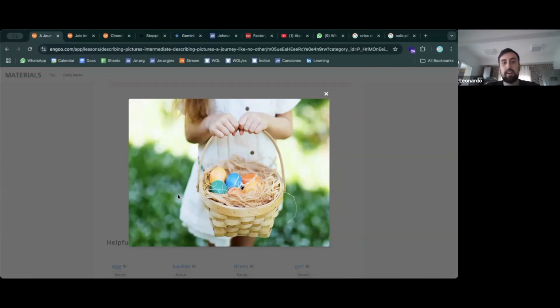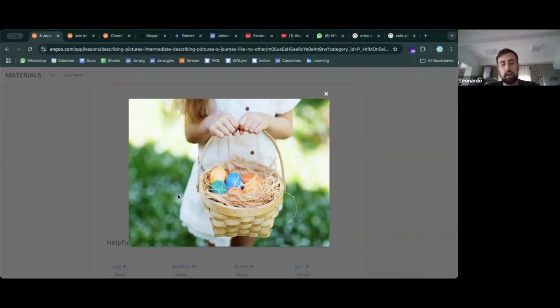So we can see a girl with a basket. Basket, good. And in the basket we can see the Easter eggs of different colors. We can see that she is a blonde girl.